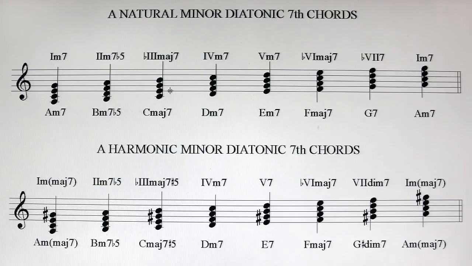Like this chord has got a G natural in it, but now on the same degree it's a G sharp in this chord here. And here on this E minor, we've got a G sharp where it's G natural here. We've got G sharp here where it's G natural there, and a G natural here where it's a G sharp here. So that has now changed the type of chords that they are.